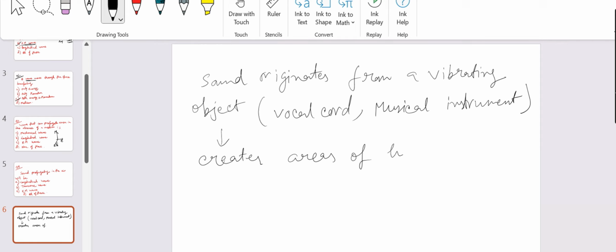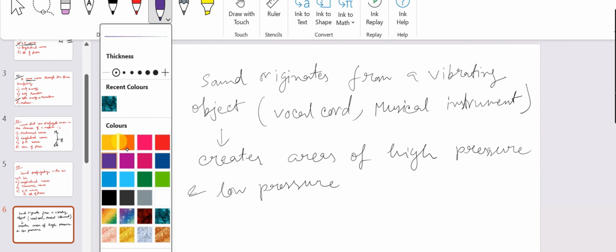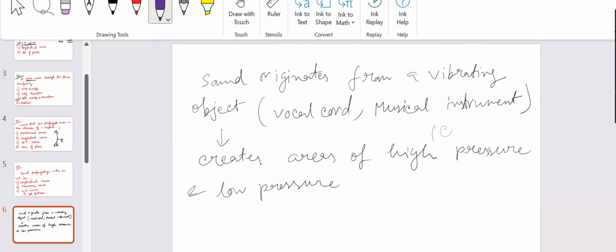areas of high pressure and low pressure. In common words, for high pressure we call it a compression, and for low pressure area, rarefaction, in the medium.